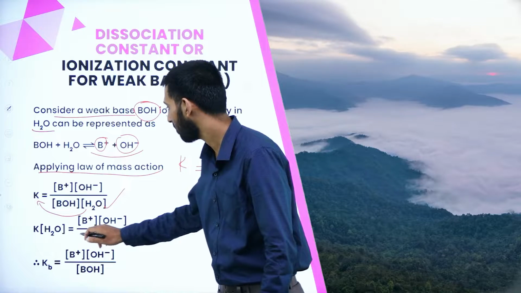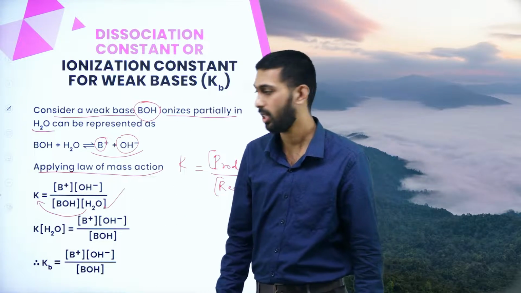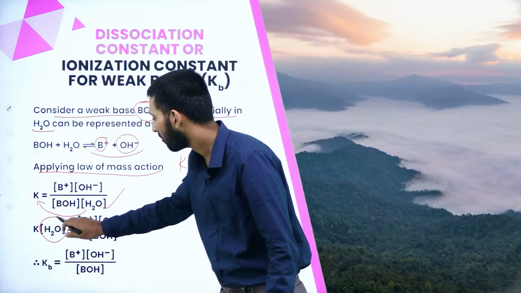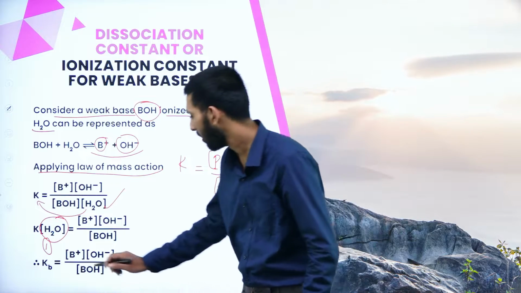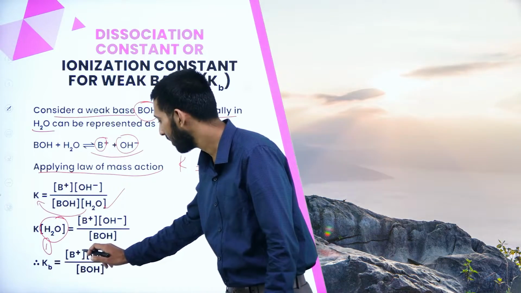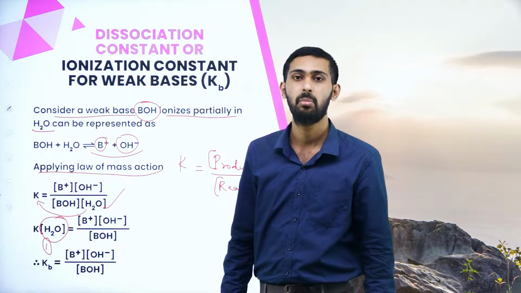K into H2O is equal to B plus OH minus divided by BOH. Here the concentration of water is always 1, so I have taken only Kb. Kb is equal to concentration of B plus ion and OH minus ion divided by concentration of BOH.